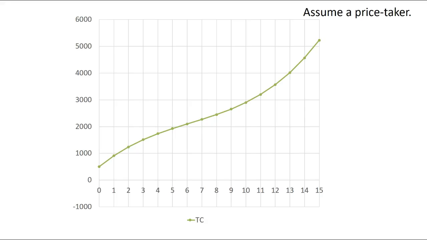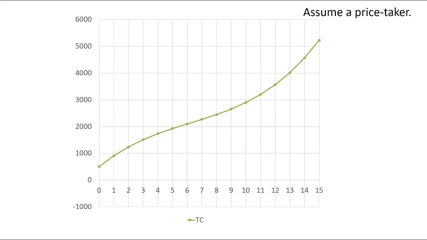So here's a total cost curve. We've seen this before. Let's assume that our firm is a price taker. That is to say, the price of the product that they're selling is fixed in the market, and they can increase their revenue by selling more of the product, but without the price changing.